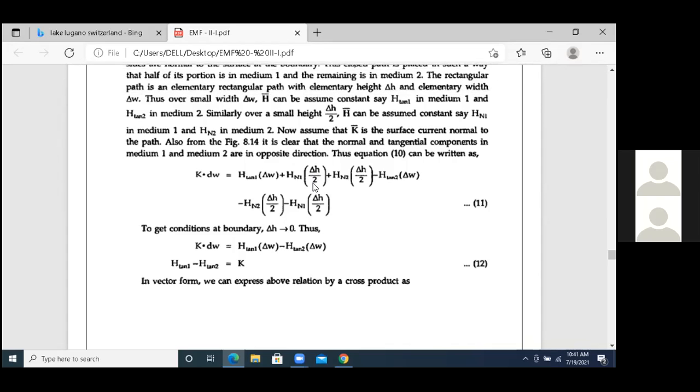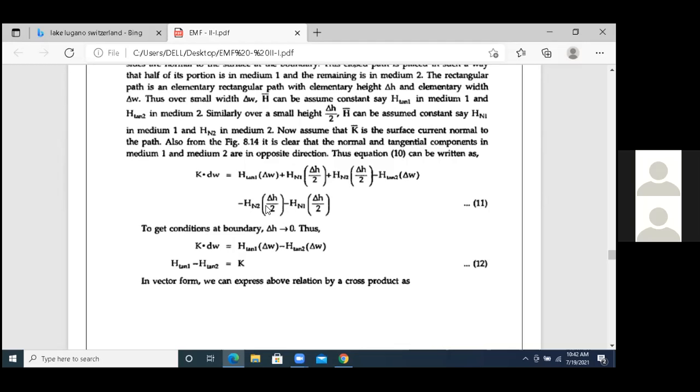And that will be negative over there, the H tangential 2, because that is in medium 2. If we just look at the top, when you go to 2, you're going to end up with the negative, right? Yes, sir. And this is coming down to the surface, so you're going to end up with a negative for that too. And this, do nothing with a negative here.